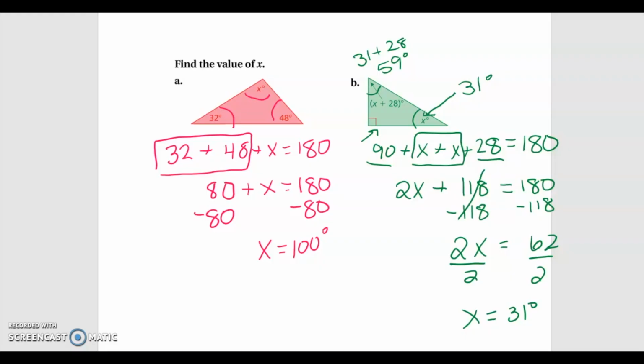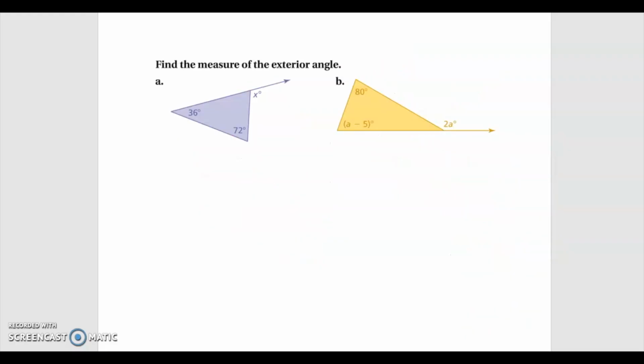Next, we're going to look at exterior angles. Now, when we're finding the exterior angles, we're going to be creating a straight line that comes off of our triangle. So notice that this side right here is a straight line. So that tells me that this unknown angle, I'm just going to call that angle A, plus angle X, those two angles are 180 degrees because they're a straight line.